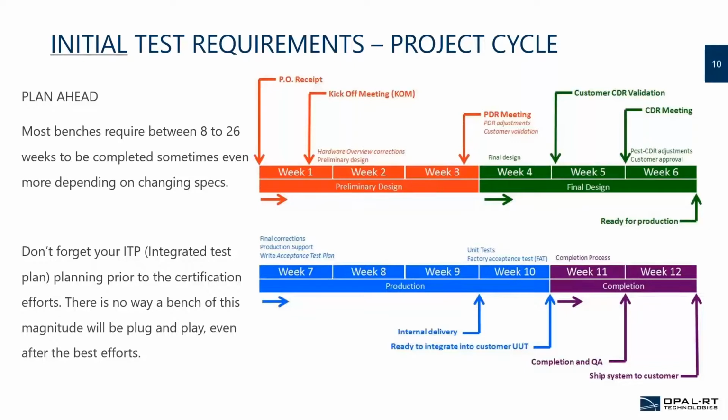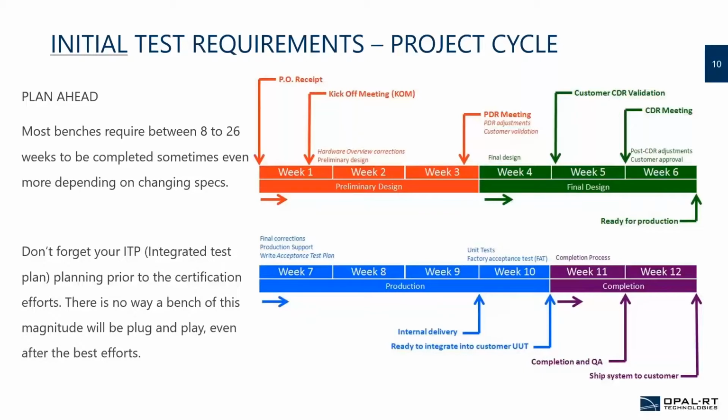Here, what I'm showing is basically a stepped down version of aerospace project management milestones, like the preliminary design review, PDR, and CDR, which is the critical design review, which are things that you should be familiar with in aerospace project management.